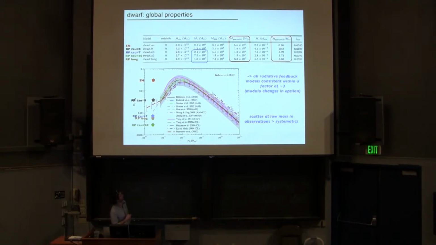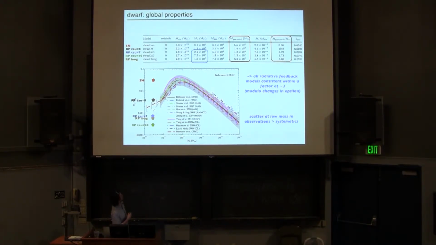You don't have to read the whole table here, but this is the typical stellar mass-halo mass ratio plot with all the constraints at redshift 0. This is where the models lie. You can see there's a very clear break between the supernova model, which suffers from overcooling and forms too many stars, and the radiation pressure models, which are clustered nearby and all within a factor of 3 of each other in terms of stellar mass, modulo the changes in the star formation efficiency, which may be important.